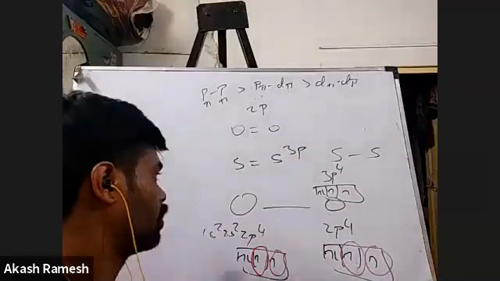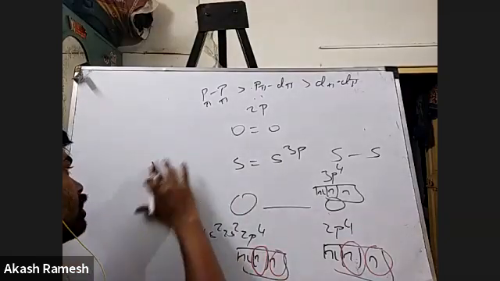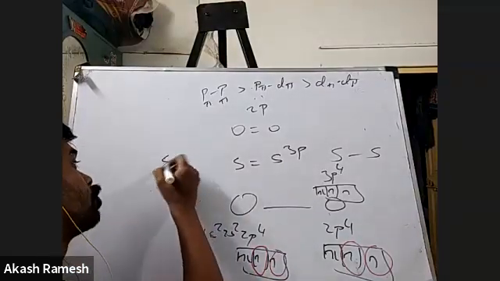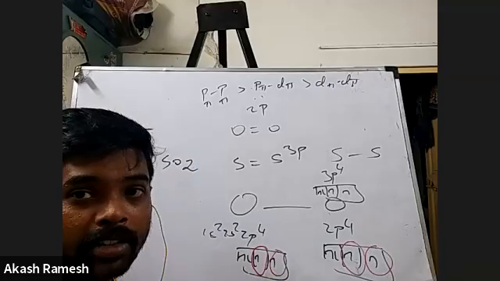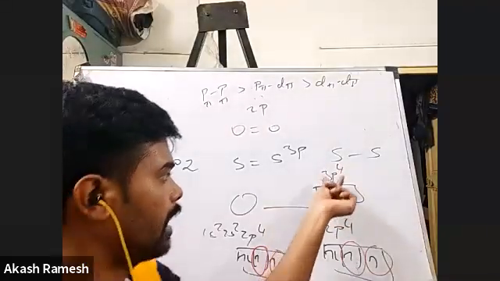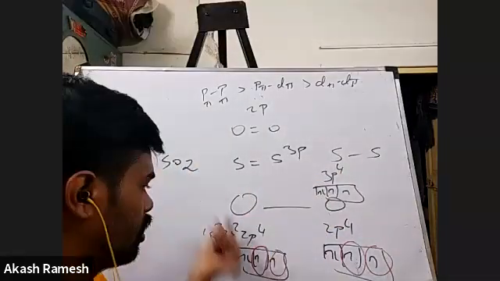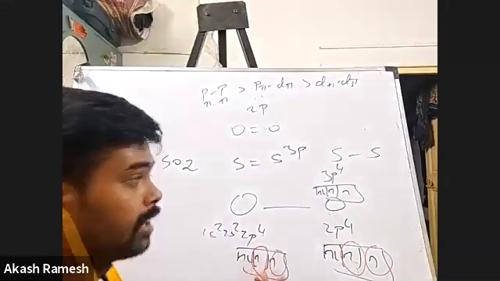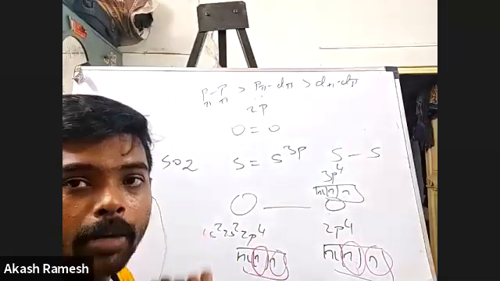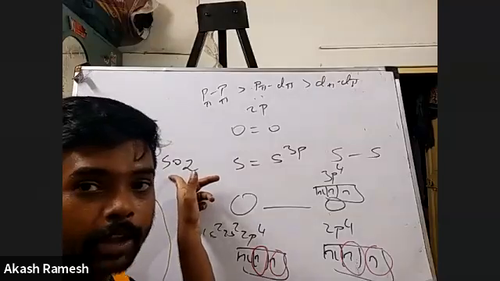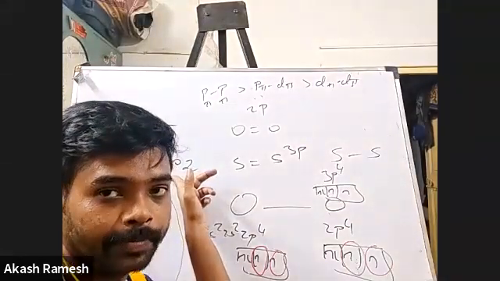For example, SO2, sulfur dioxide: S has 3p4, oxygen has 2p4. So 2p and 3p orbitals are involved in the SO2 molecule, correct?